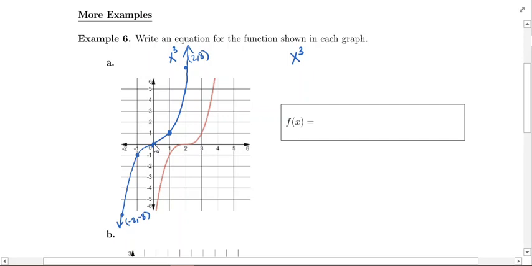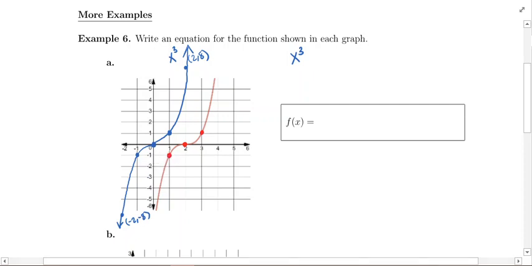So let's start with the point at the origin, and let's see where it got moved. It started at the origin, and it looks like it went over 2 places to the right. Let's check the other points. If we take the point at 1, 1, it also looks like it went over 2 places. If we take the point at -1, -1, it looks like it went over to the right by 2 places.